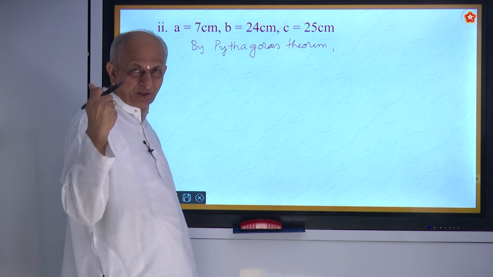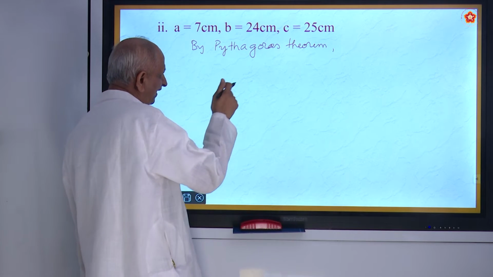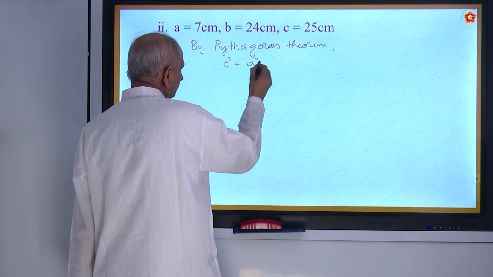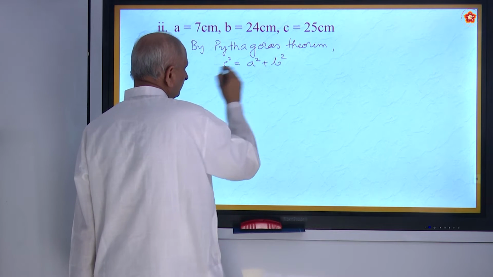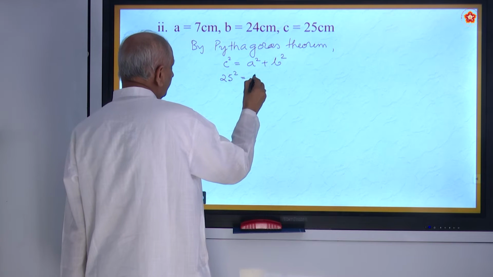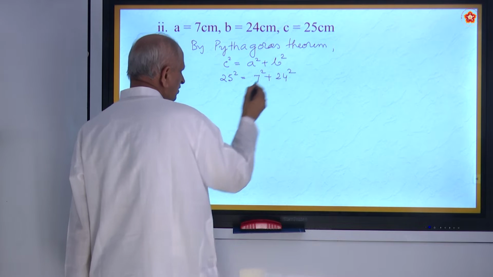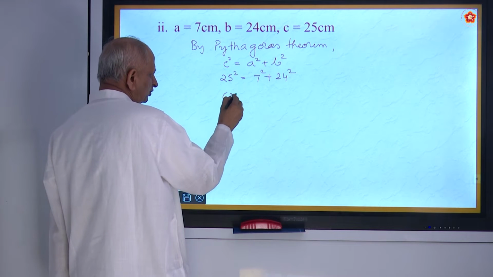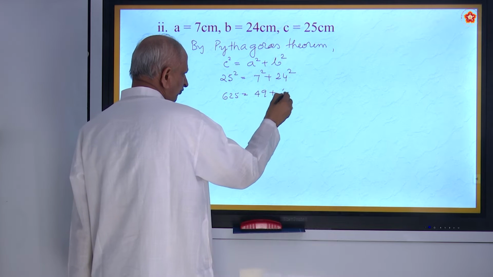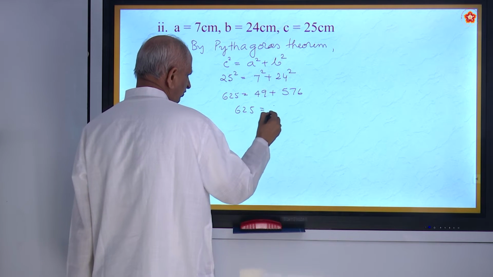We Indians must be proud of our achievement in the field of maths, science, etc. So C square is equal to A square plus B square. C is how much? 25. A is 7. B is 24. What is 25 square? 625. This is 49. This is 576. So 625 is equal to 625.